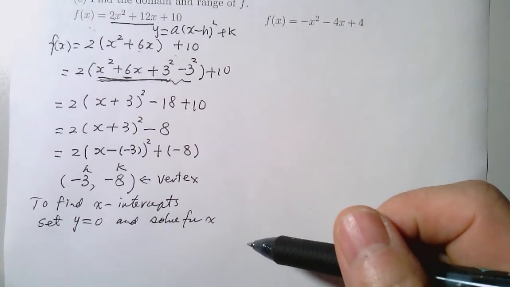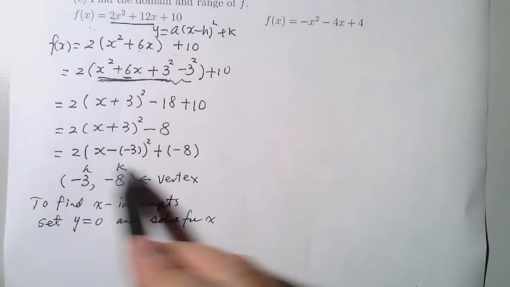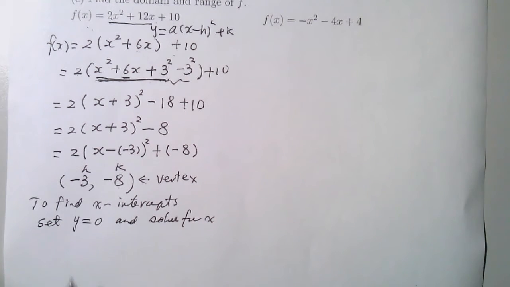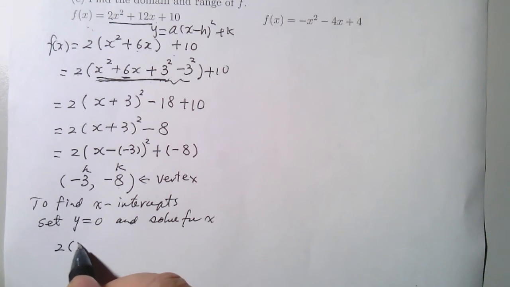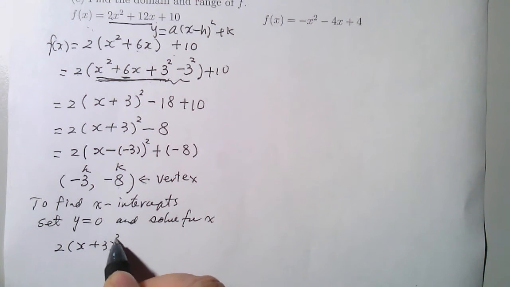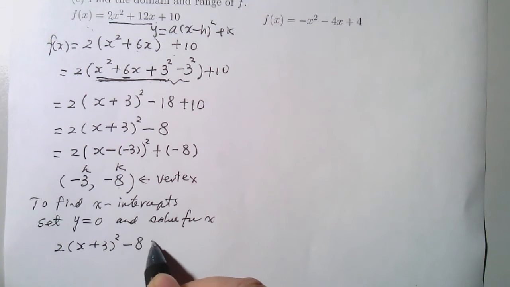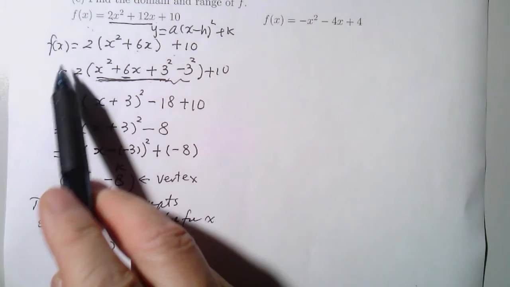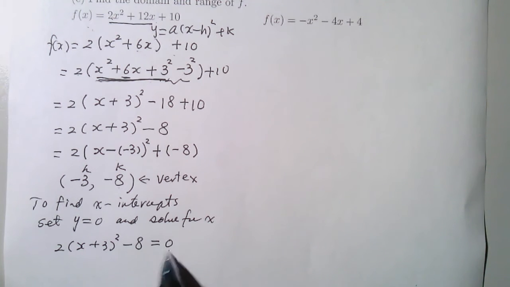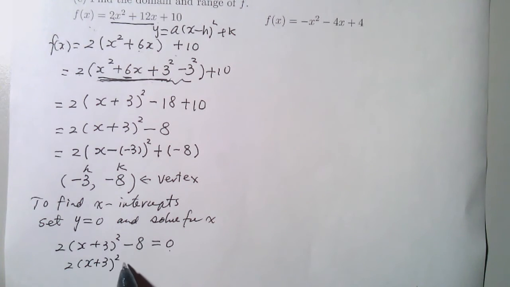Either way is fine. If we use standard form, you're going to have 2 times (x plus 3) squared minus 8 equal to 0, because y is f(x). So you got 2(x plus 3) squared equal to 8.